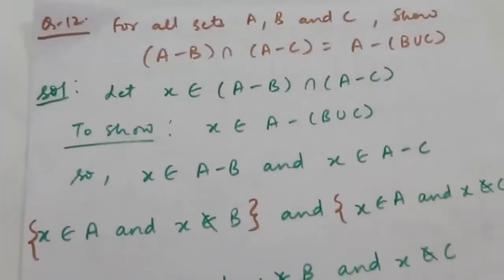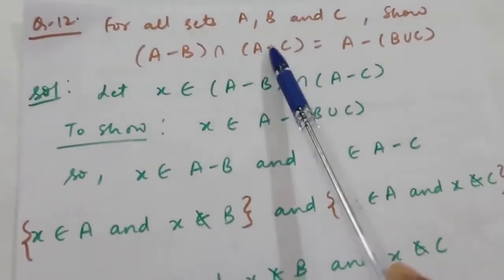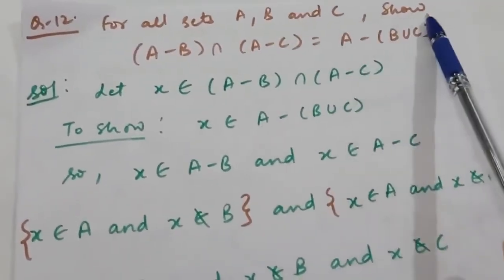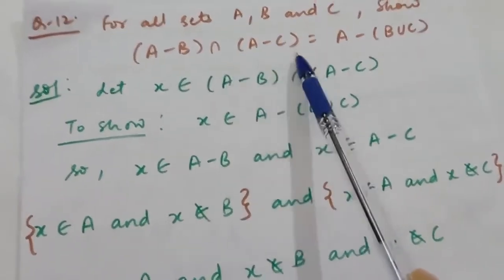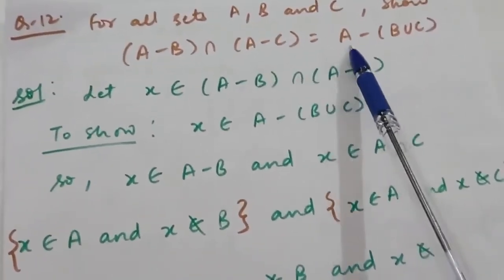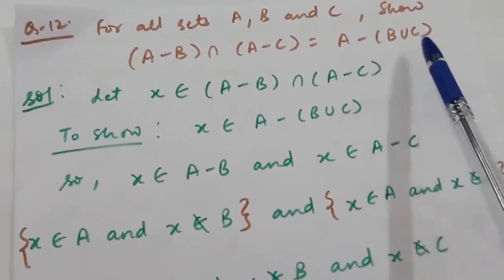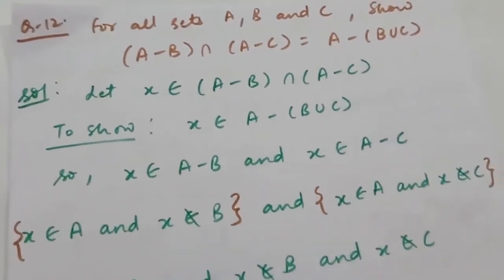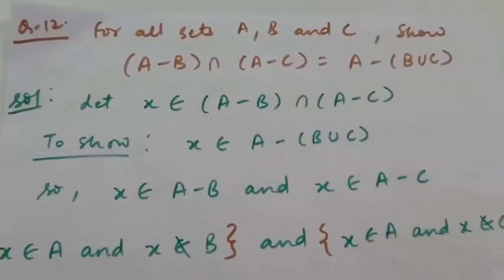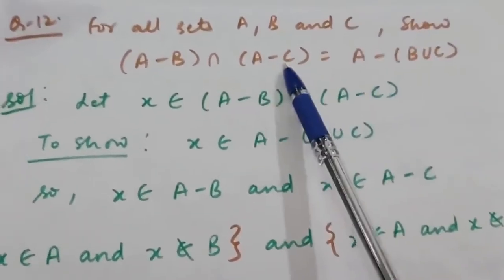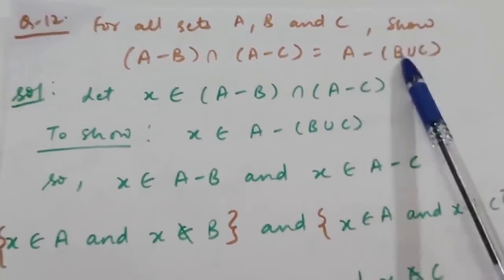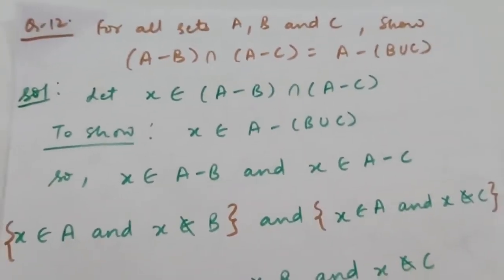Now question number 12. For all sets A, B and C, show that A minus B intersection A minus C is equal to A minus B union C. So to show that these two sets are equal, we will show this set is a subset of this set, and similarly this is a subset of this set, right?